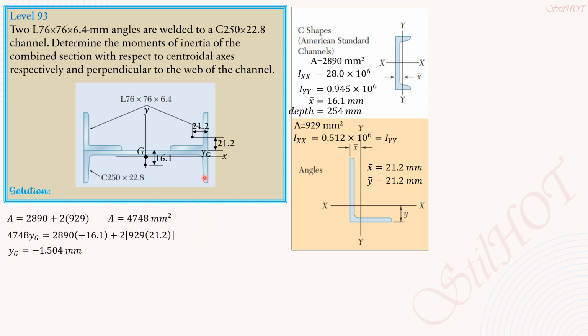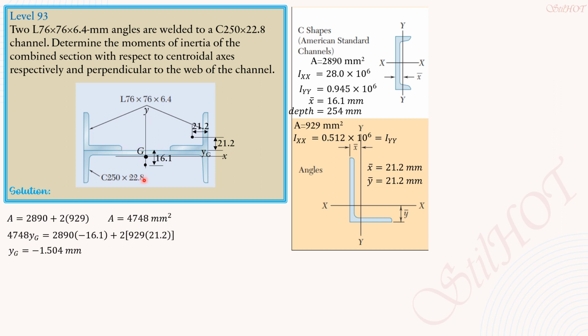Then IGX is equal to, for the channel, this axis here through the centroid is not the x-axis because of the orientation, it's the IYY, and IYY is 0.949 times 10 to the 6. Then we transfer it here. This distance is equal to 16.1 minus 1.504 because they lie on the same side of this reference axis.